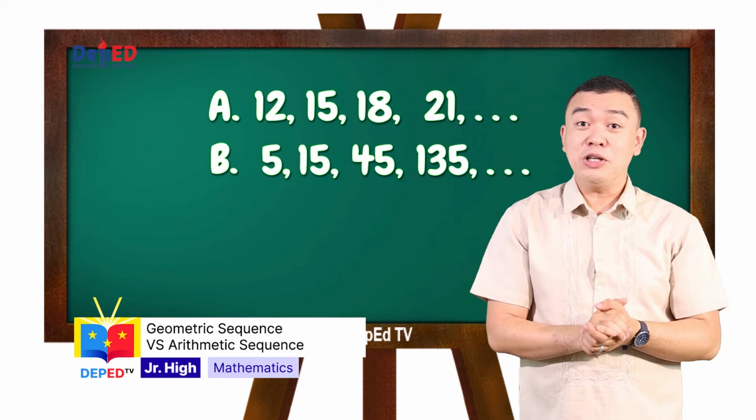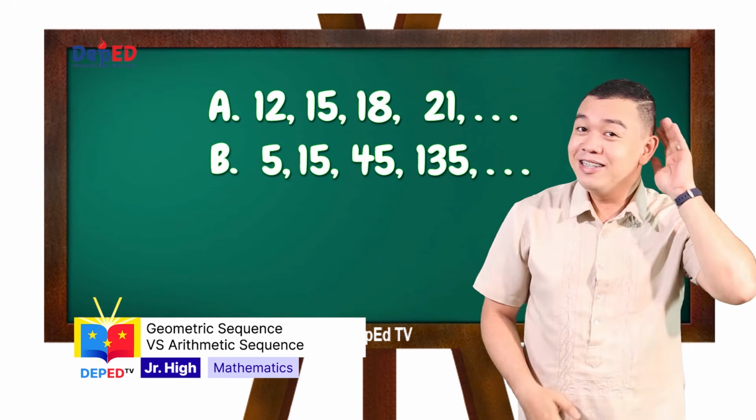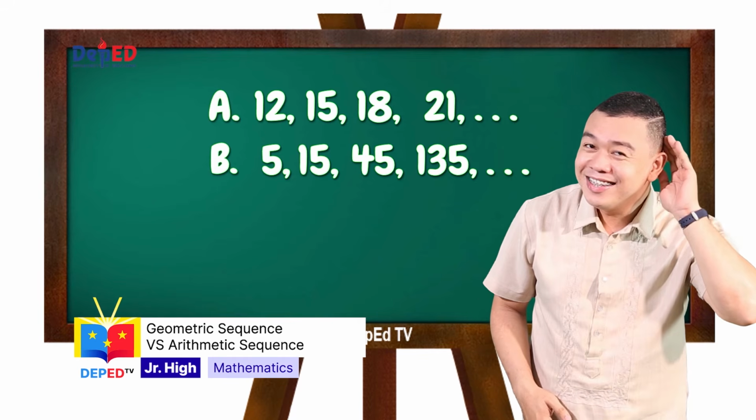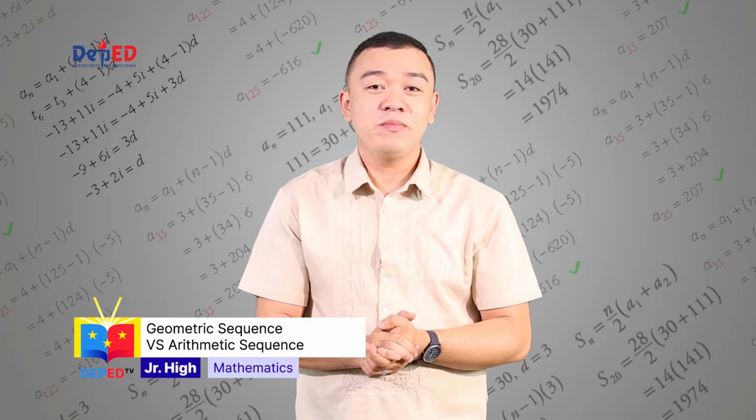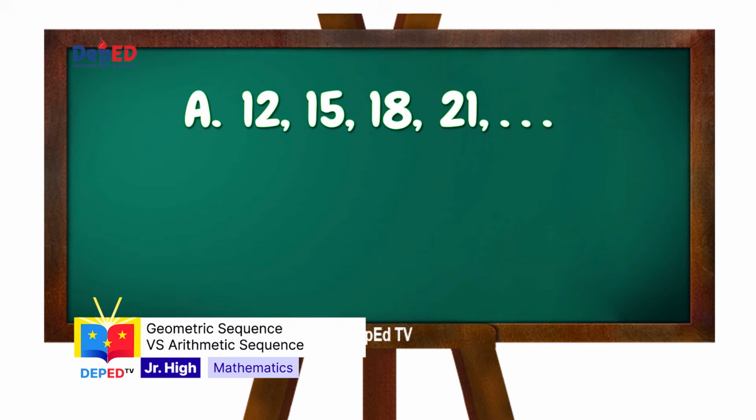How about an arithmetic sequence? Notice in sequence A, a number is added to the first term 12 to get the second term 15. Likewise, the same number is added to the second term 15 to get the third term 18, and so on.